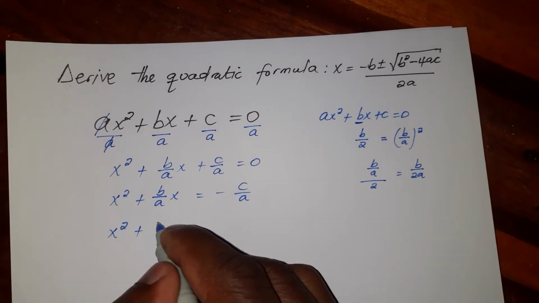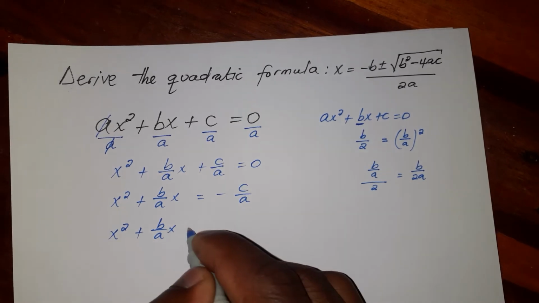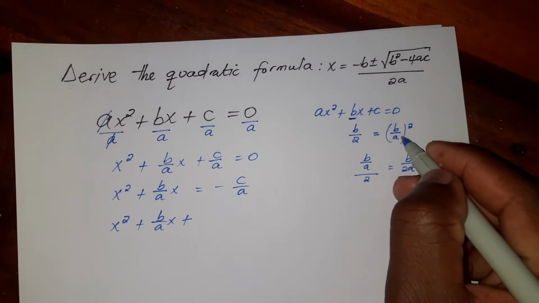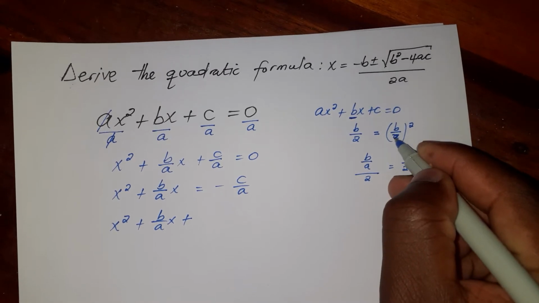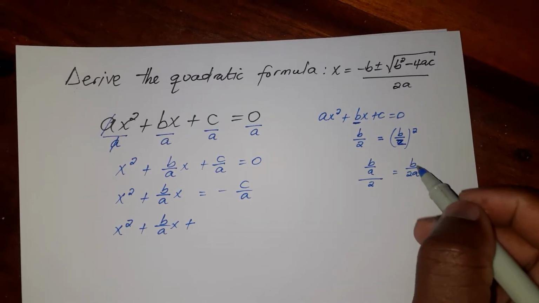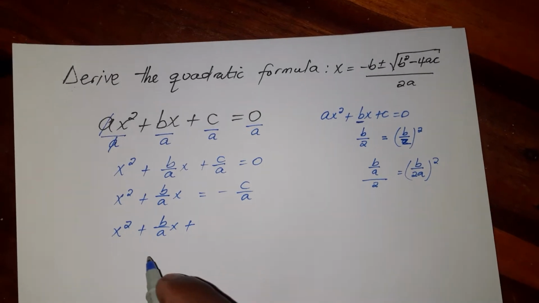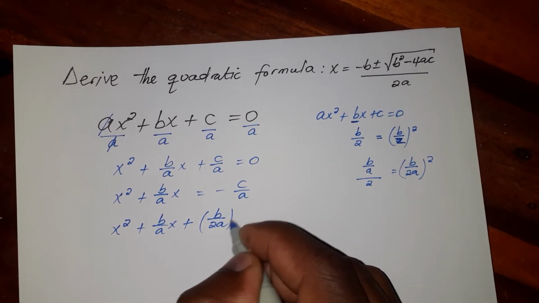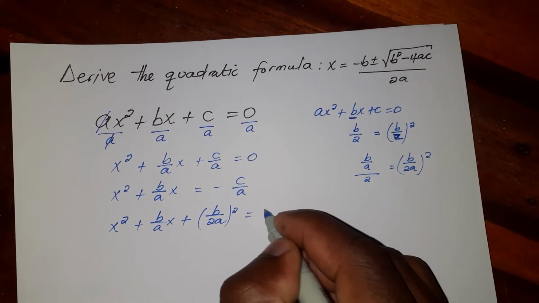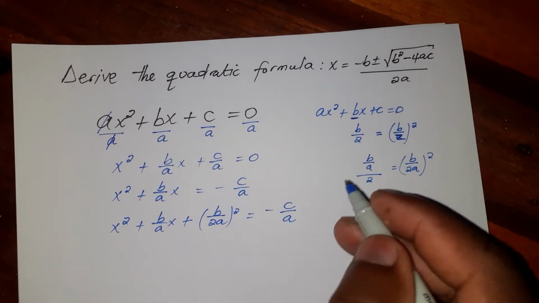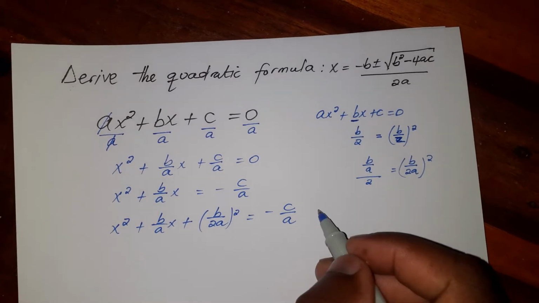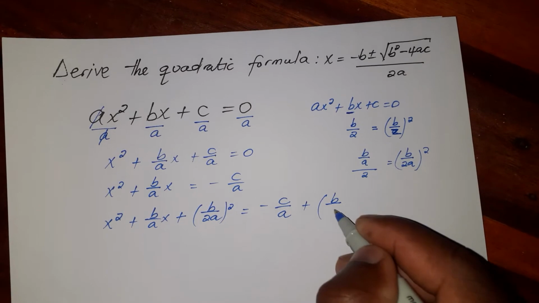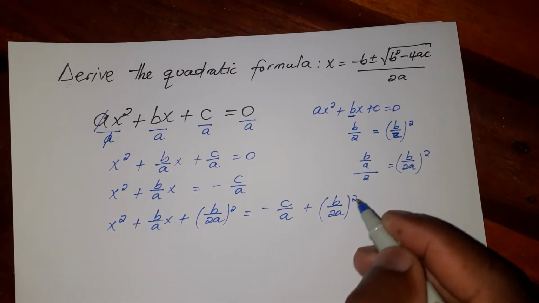Then we add b over 2a, squared, equal to minus c over a. What we do to this side, we should also do to the other side, so we add the same result on the other side also.